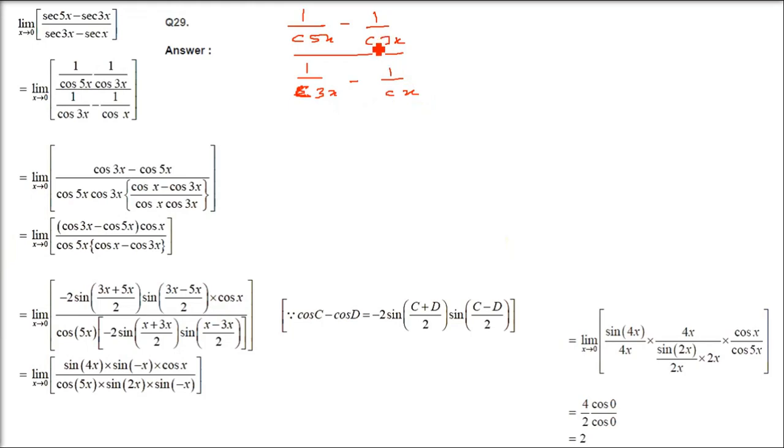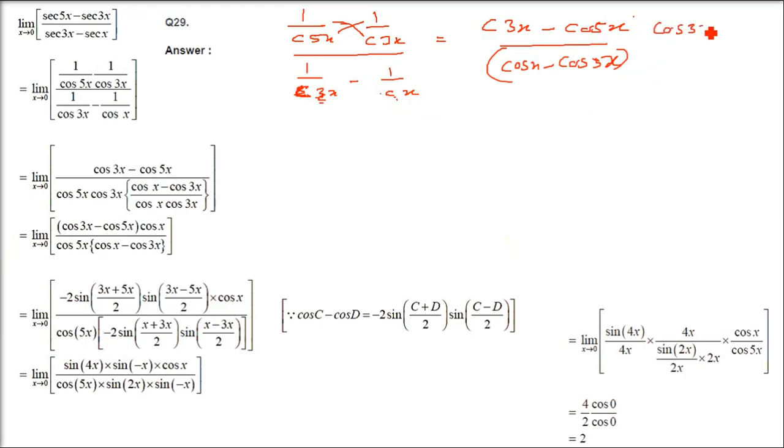So we have cos 3x minus cos 5x divided by cos 3x into cos 5x. Here in the denominator you have cos x minus cos 3x divided by cos 3x cos x. So this goes up and cos 5x cos 3x comes in the denominator.